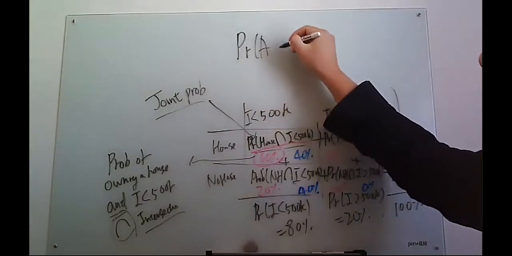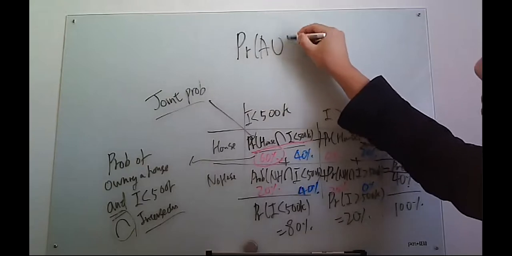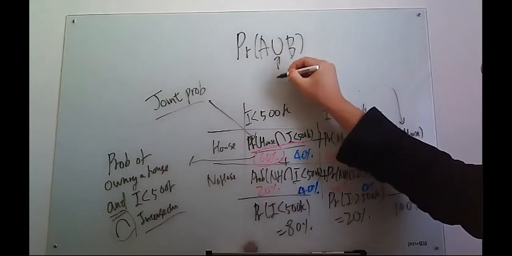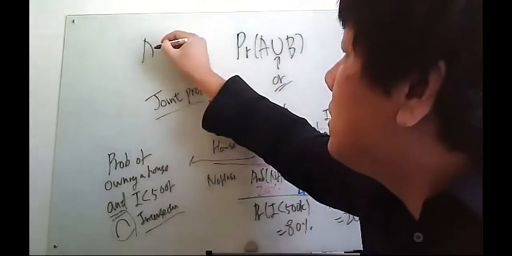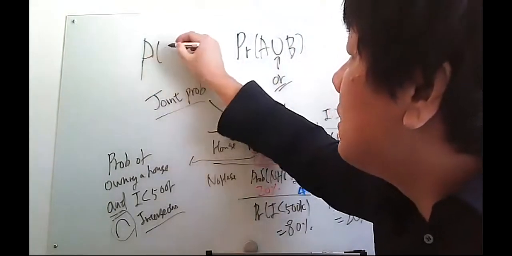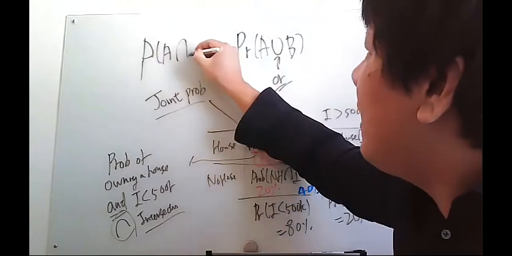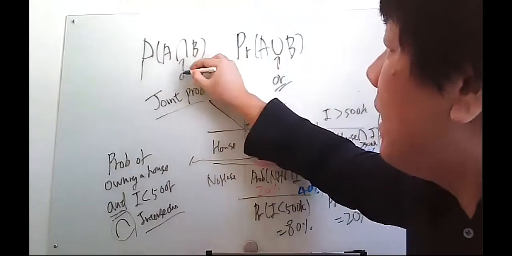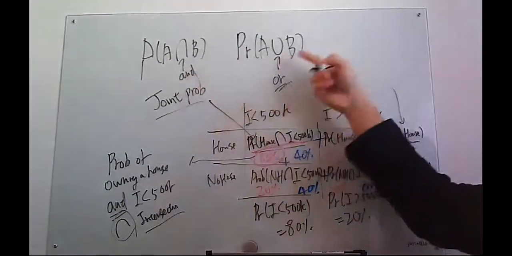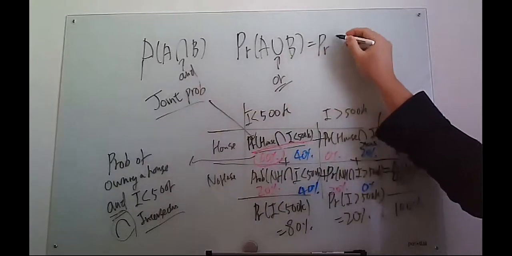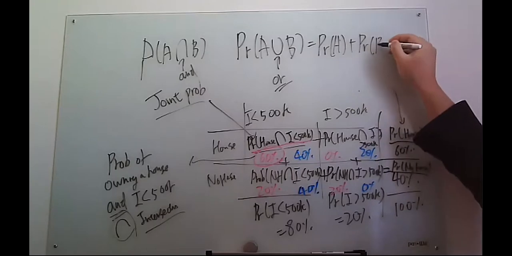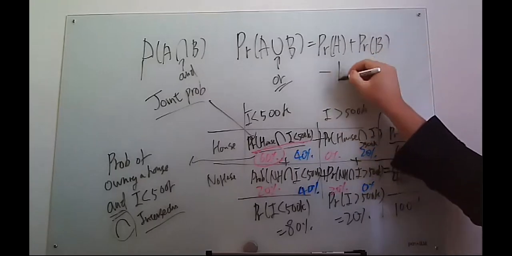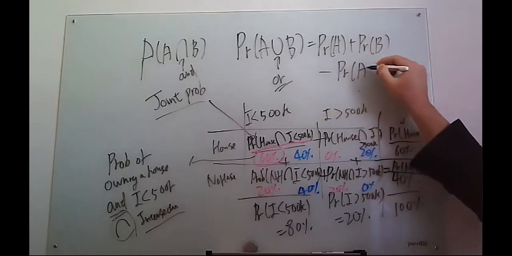So A, B, this is a union, which is basically 'or'. This other one is 'and', where both have to happen at the same time, so it's A and B. So this is different. The union is the probability of A plus the probability of B, minus the probability of A intersection B.